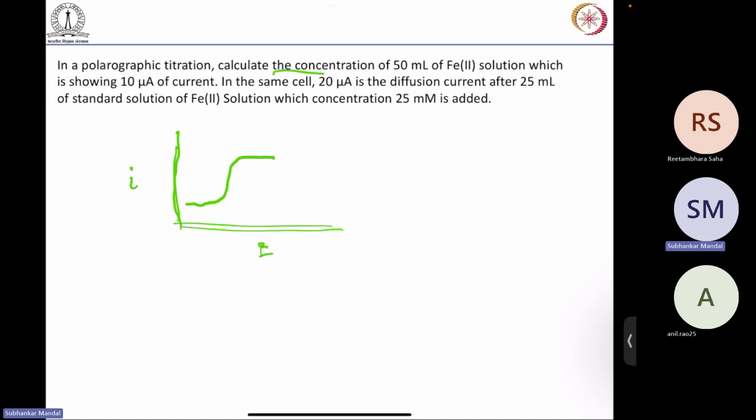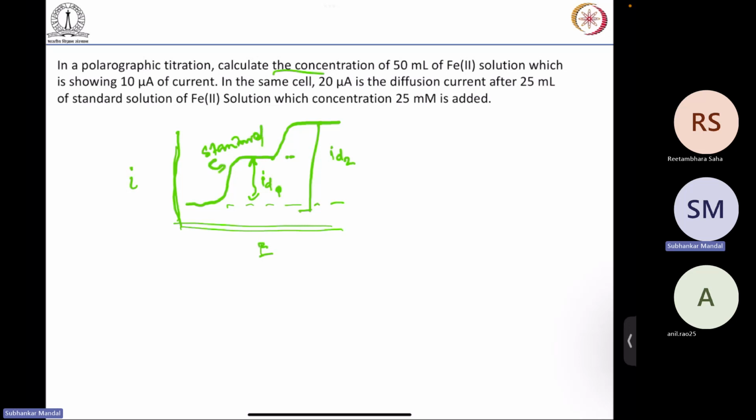This is the diffusion current ID1, and after adding another sample you are getting this current, this is ID2. So now the question is, what is the concentration? Suppose this is the standard solution.